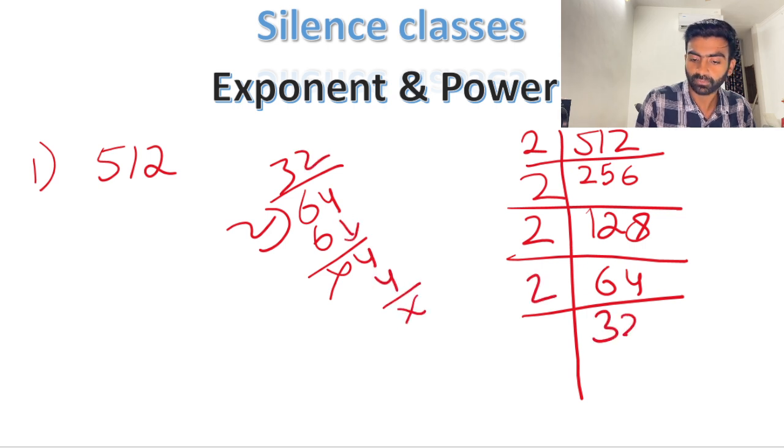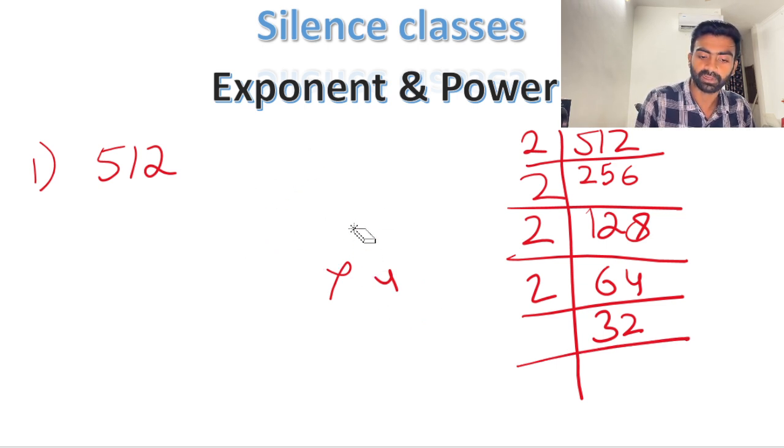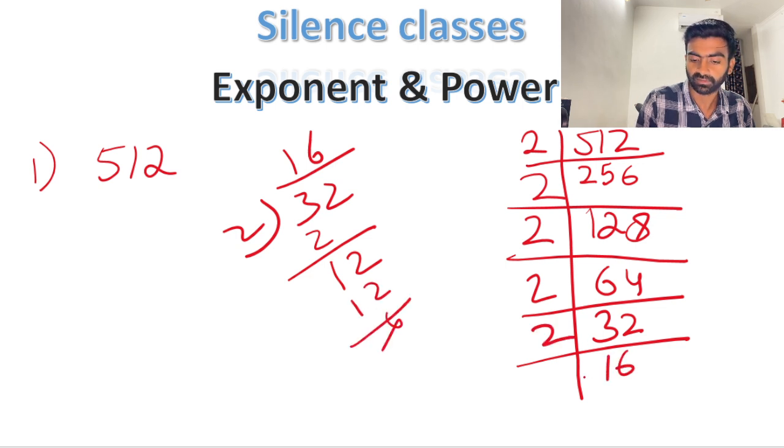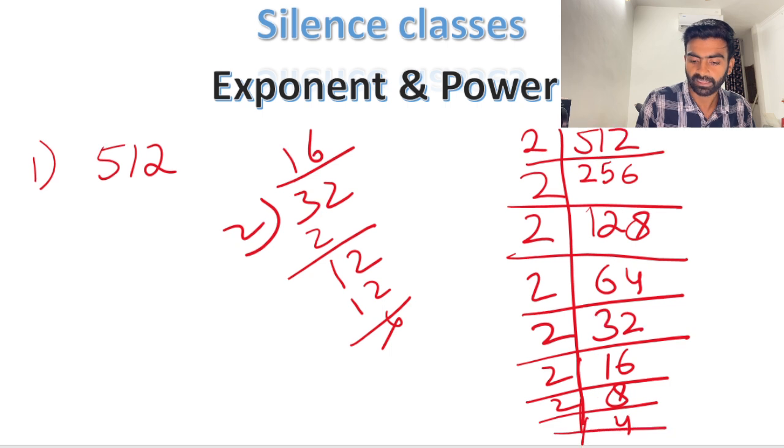It means 32. Okay, and 32 is also divisible by 2 because 2 is there. 32, 2 1s are 2, 2 6s are 12, and 2 16s are 32, 2 8s are 16, 2 4s are 8, 2 2s are 4, and 2 1s are 2.